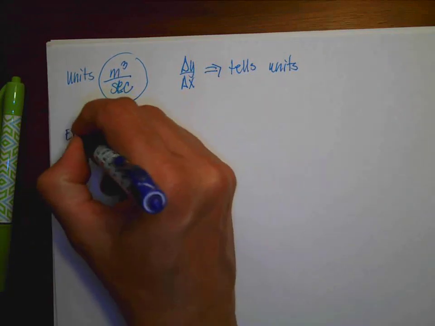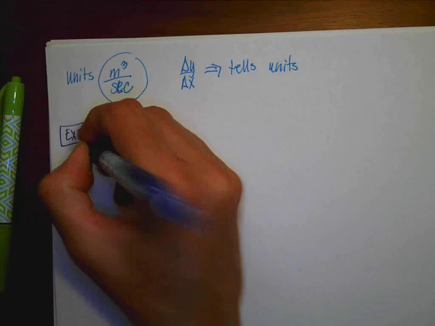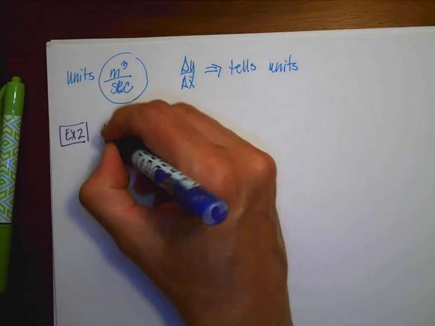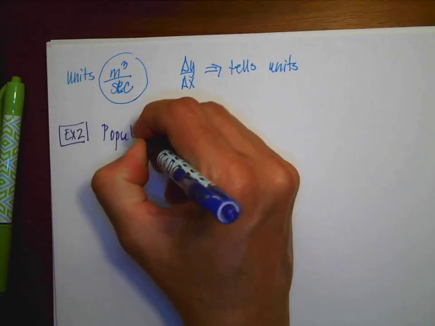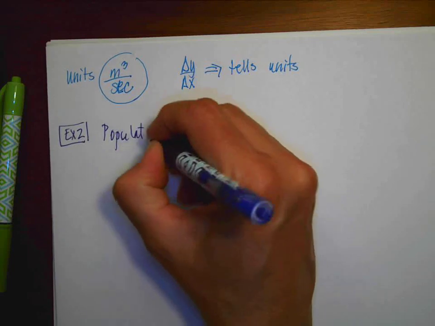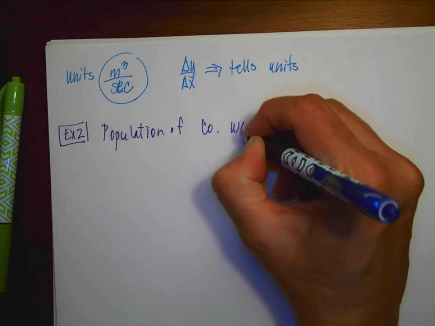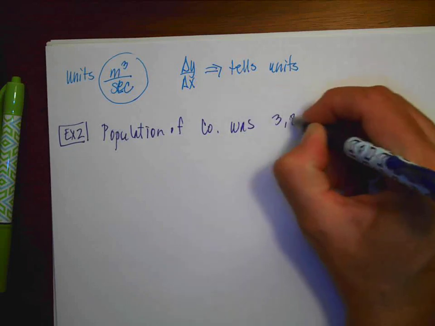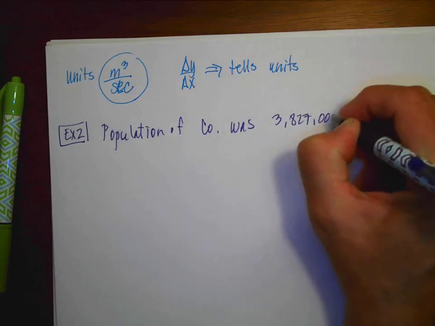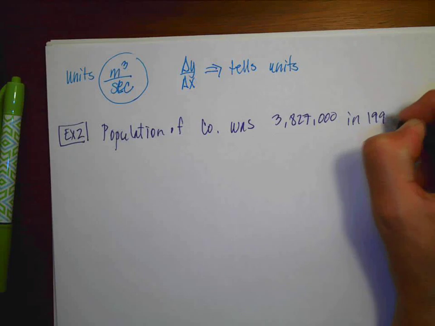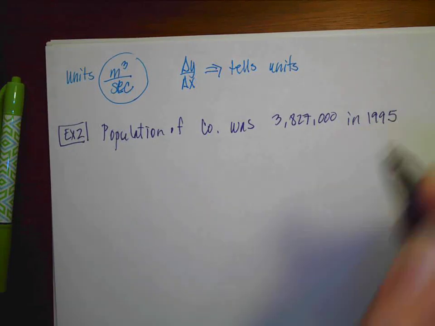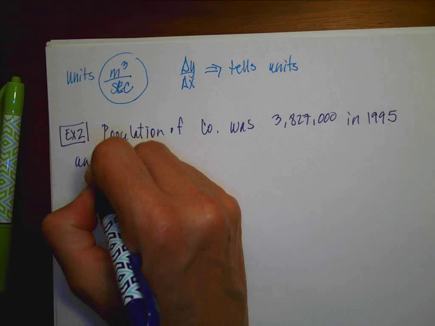All right, for example 2, I have a little bit of writing to do. We have that the population of Colorado was 3,827,000 in 1995. And remember, our book is old, so our data is old.